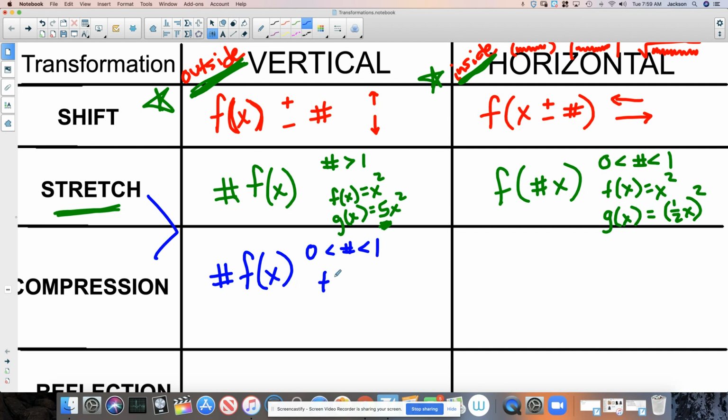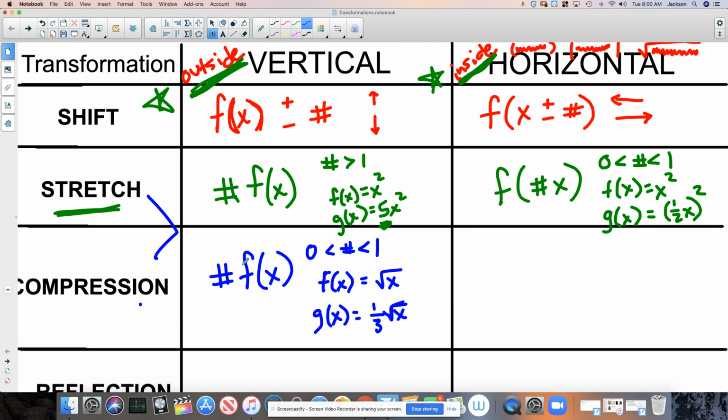And then to give it some context here, let's take a different function. Let's take a basic radical function, and let's say a new function g of x looks like this. When we put this 1/3 immediately in front of the radical, not inside the radical, but in front of it, because this is happening in front of the function or outside the original function, we would call this a vertical compression.